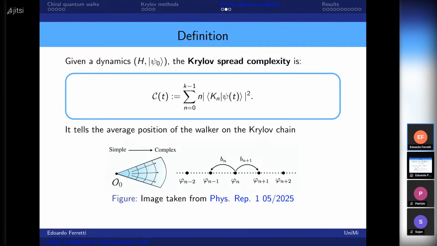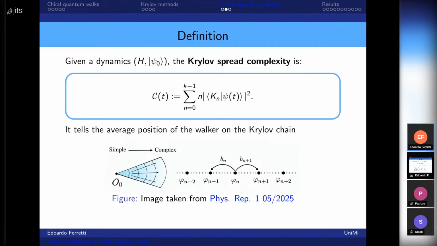We can also define the second moment, which we will call the Krylov variance. And I think this one is more related to ergodicity, because it tells you how much spread the walker is in the Krylov subspace.